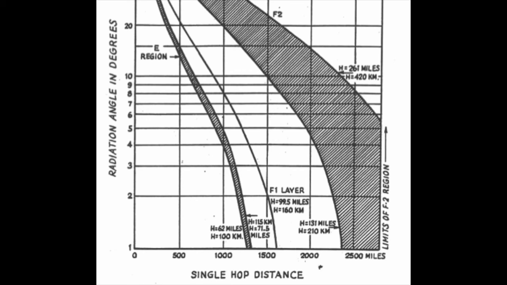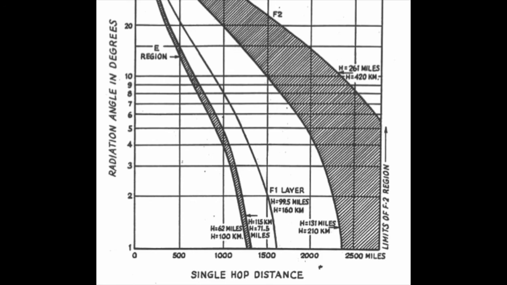And when we start looking at antenna patterns, you will see that different antennas have different shapes of patterns. And when you start trying to figure out, well, what is an antenna good for, you have to think about where is its maximum radiation, how much does that radiation fall off at other angles, how high is the ionosphere, are we talking about F-layer communication, or are we trying to use the E region for communication?